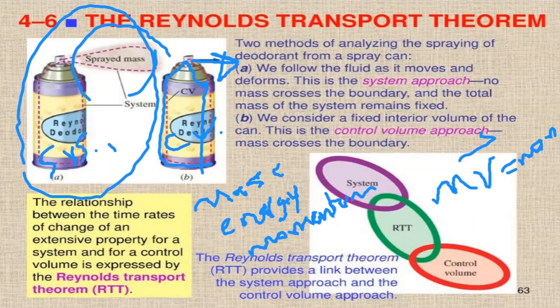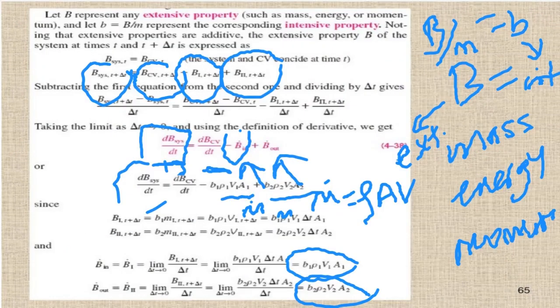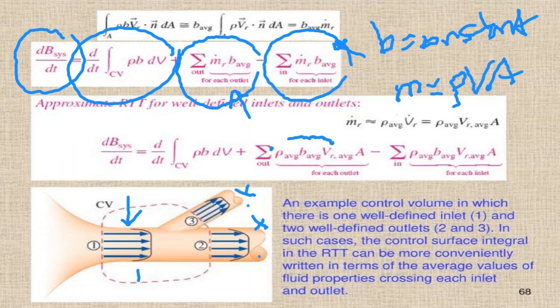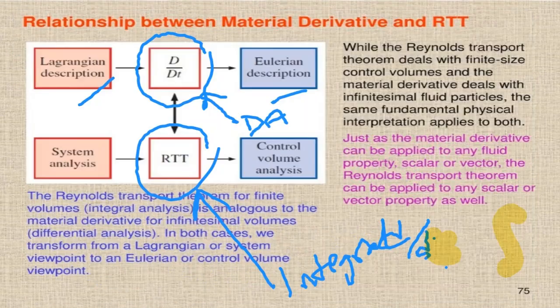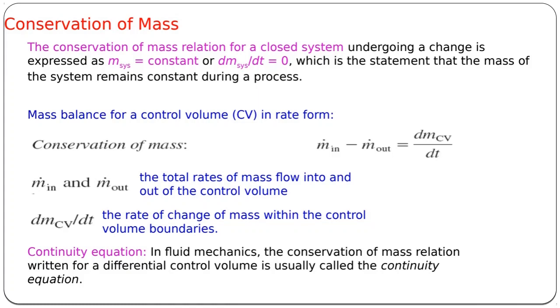In the system, there is no mass crossing the boundary, which means the total mass is what? Constant. When total mass is constant, what happens to the left-hand side term? It becomes zero. So when it becomes zero, the left-hand side of the Reynolds transport theorem is zero.